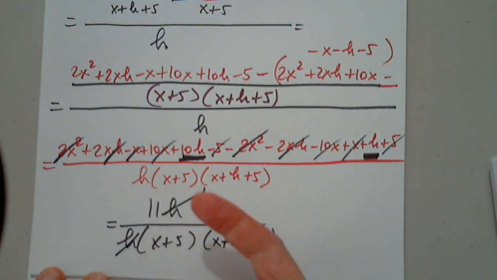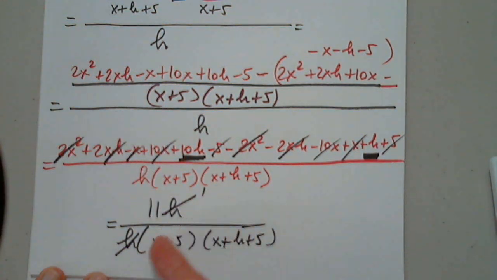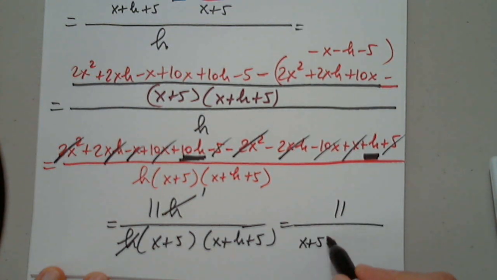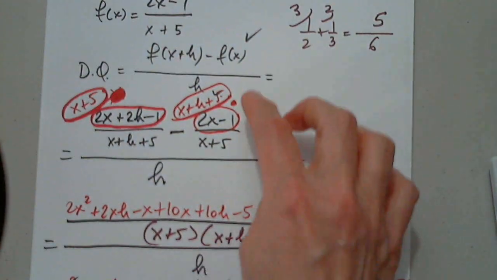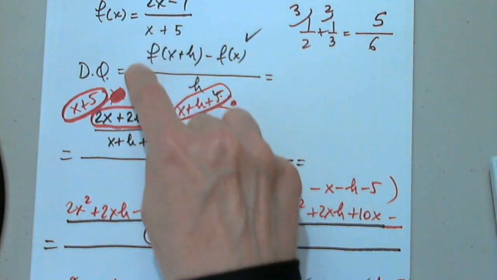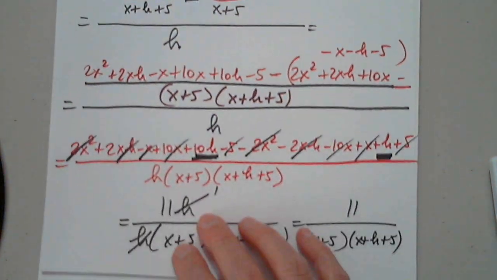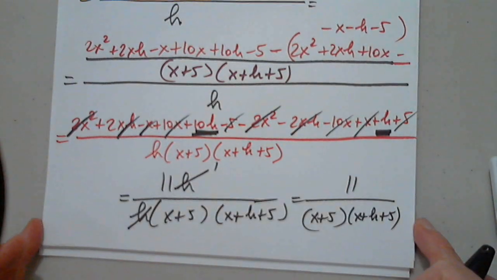Gone. Note 1 happened. All terms without h went away. Note 2 happened. And this is final. What is this? The simplified form of the slope of the secant line for this function. And this is it. Any questions?